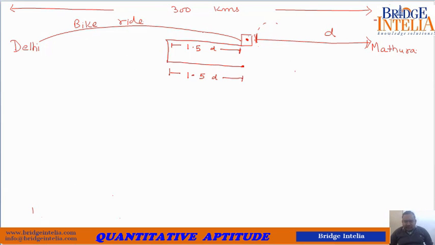Now this entire situation can be summed up in this diagram. The biker drops the first friend here. The first friend will have to travel the distance D. The biker turns back, picks his second friend, comes back here and then continues the remaining journey.